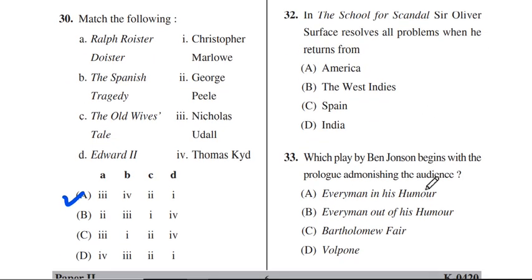Next, question number 32. In The School for Scandal, Sir Oliver's arrival resolves all problems when he returns from... Question number 32.